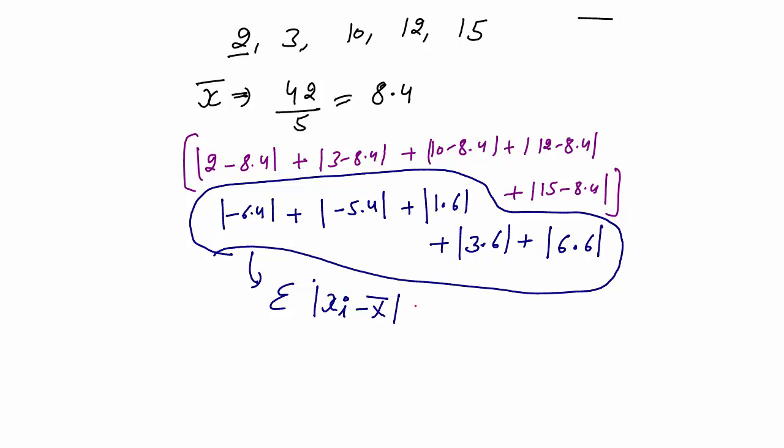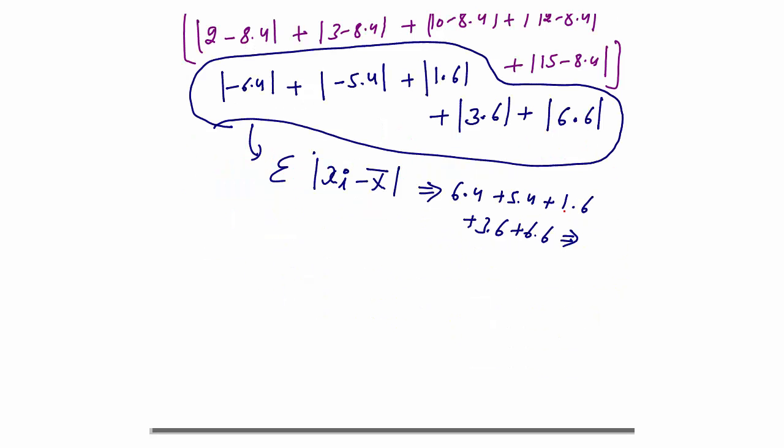How much is this value? Minus 6.4 is 6.4. You remember that in mod the value is always positive. So 6.4 plus 5.4 plus 1.6 plus 3.6 plus 6.6, and if you take the sum, this is 23.6.